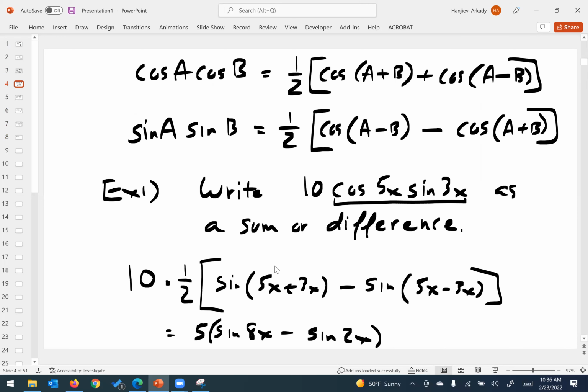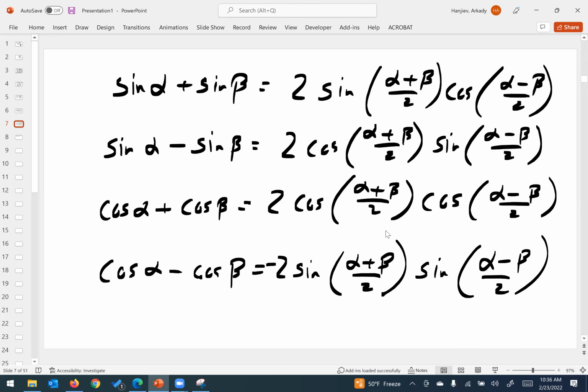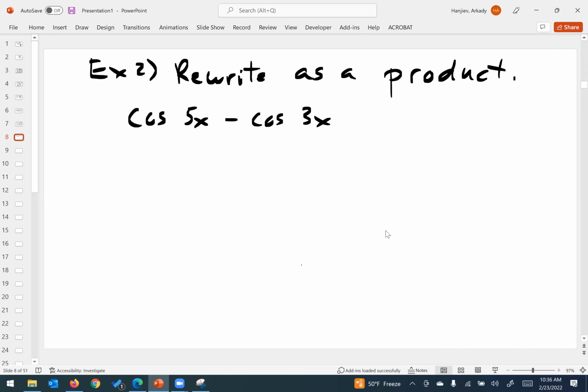You get a product between the two. And so we're writing it as a sum or difference. Here is a sum or difference, so you're going to write it as a product. So I just need to figure out which formula to use. At this point, I think it's the bottom formula. There are two cosines and it's a subtraction between the two cosines.